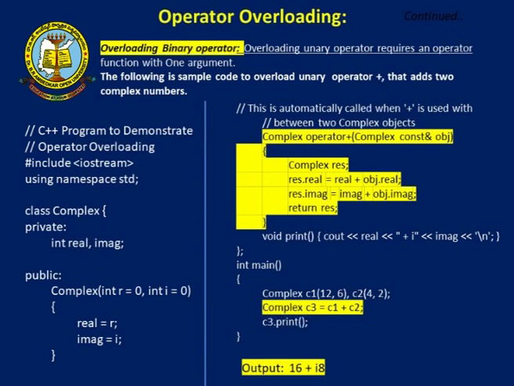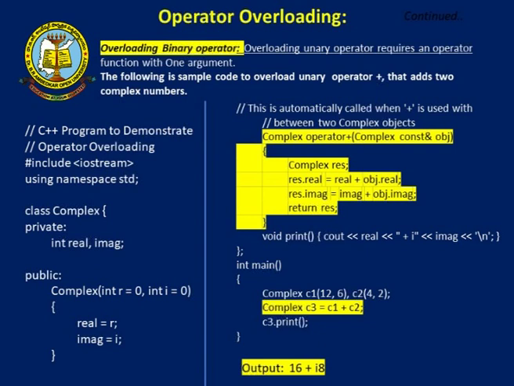That means the real part of one complex number is added with the real part of the other complex number, and the result is stored back to the real part of the result object. And in the second case also, we are accessing the imaginary part of the argument object, and adding it to the imaginary part of the other object, and finally this sum is stored in the imaginary part of the new object, that is res. Finally we are returning this complex type object.